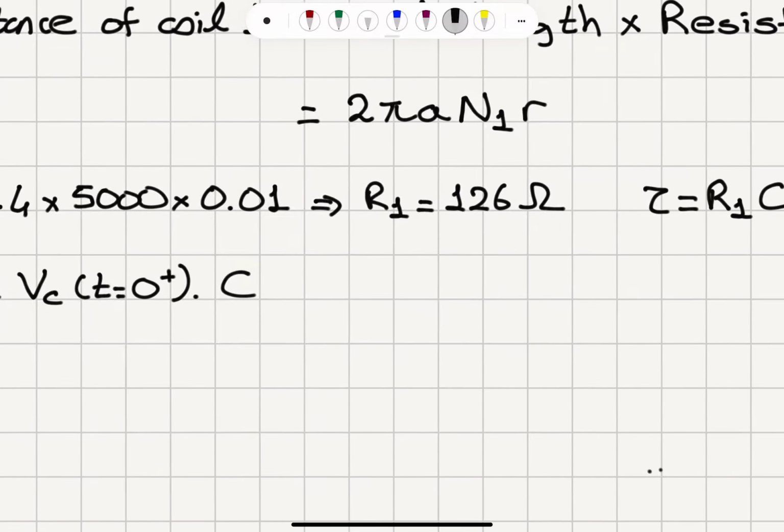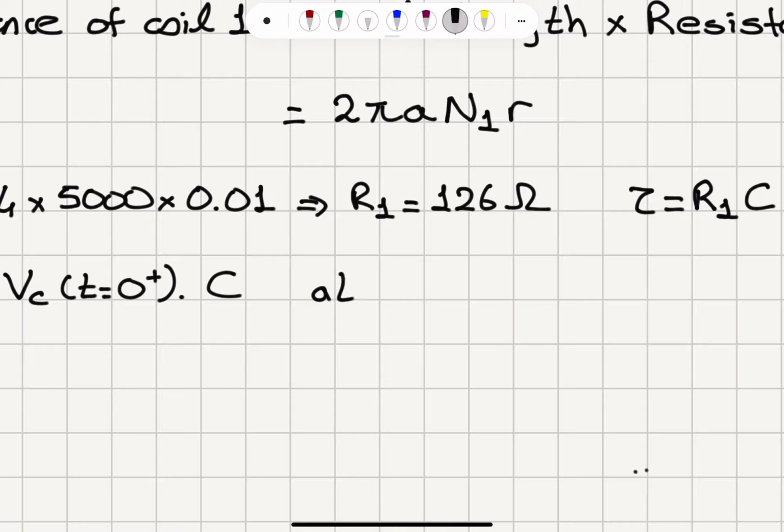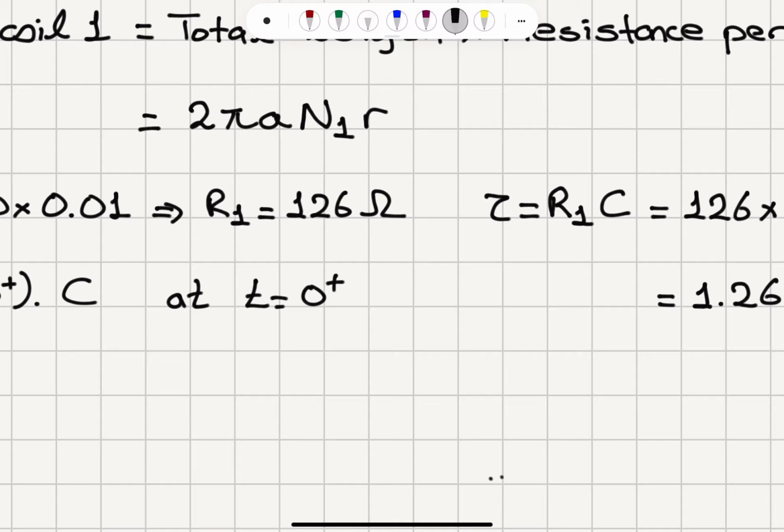And that tells me that immediately after the switch is closed, the current that will flow in the first coil, I1, will be equal to the voltage across the capacitor at t is equal to 0 plus divided by the resistance of the coil.